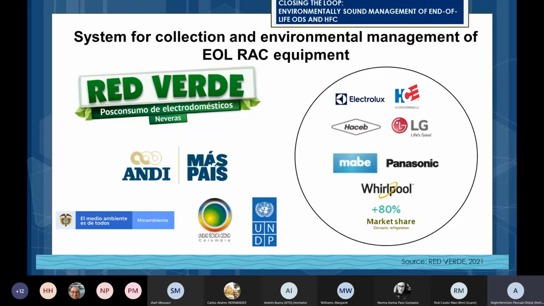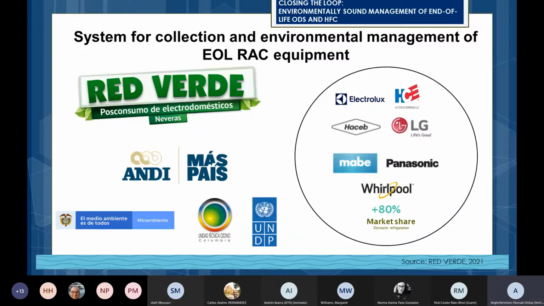Taking into account the information, the political framework, and the policies to manage WEEE equipment and waste, and also based on the successful experience to work with the refrigeration sector, in the domestic refrigeration sector, and all the projects that have been implemented by or with the support from the Montreal Protocol.